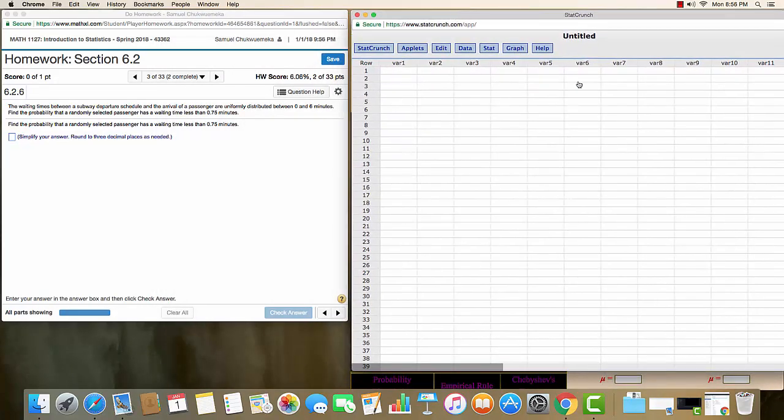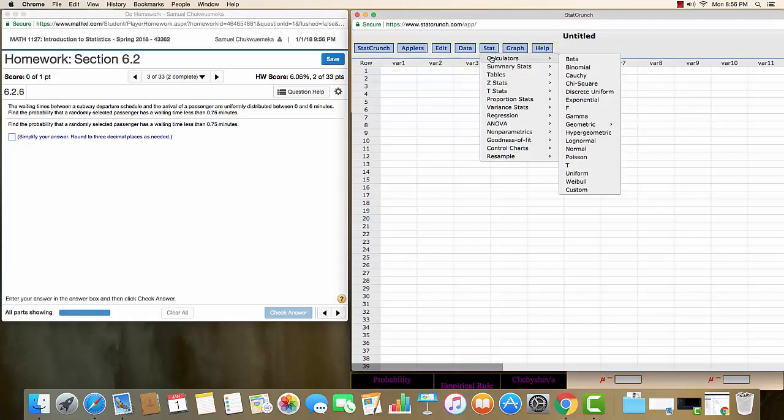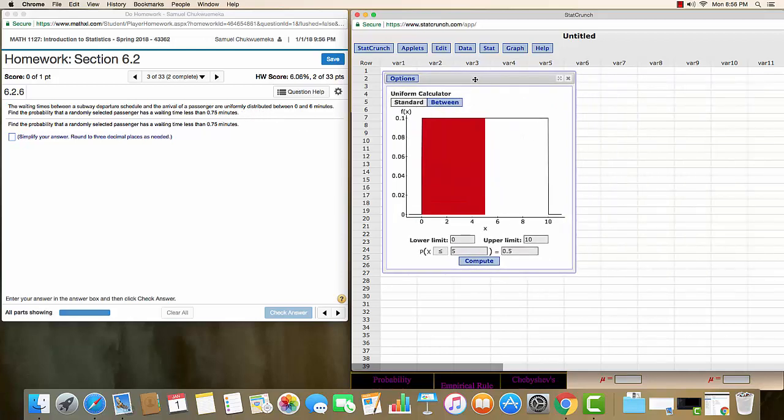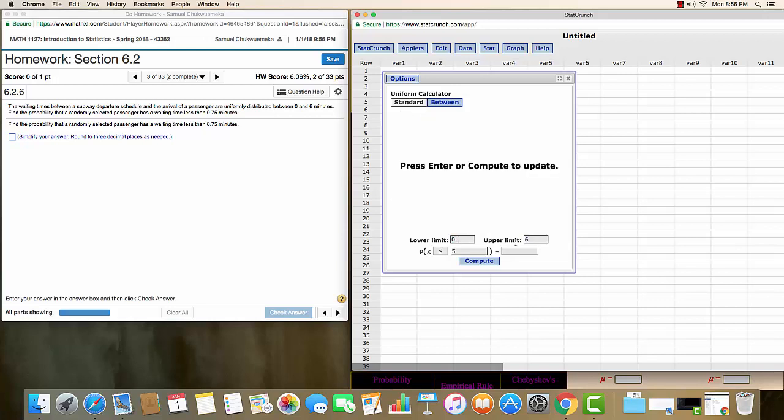And here you go to start, you go to calculators, you point your mouse on calculators, and you pick uniform, because this is uniform distribution. Okay, so this is for standard one, this is between. Here, lower limit is 0, upper limit is 6 from the question.